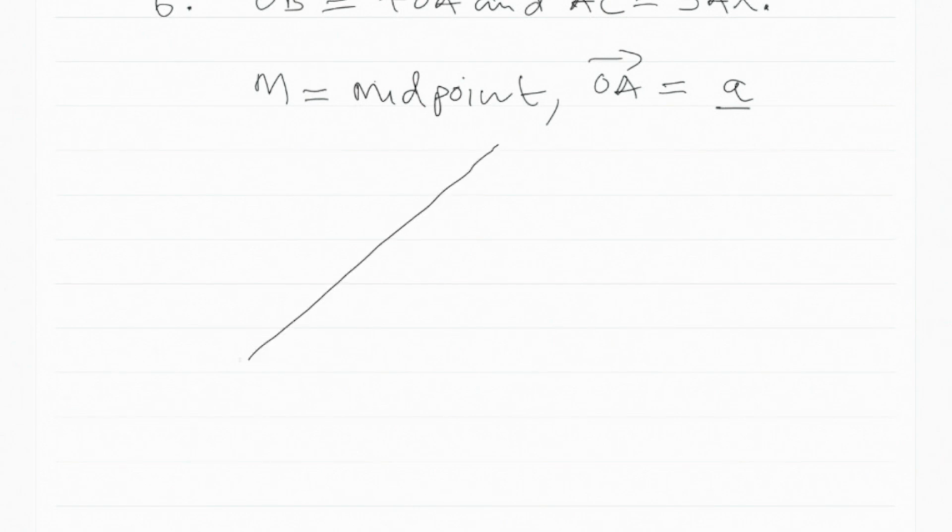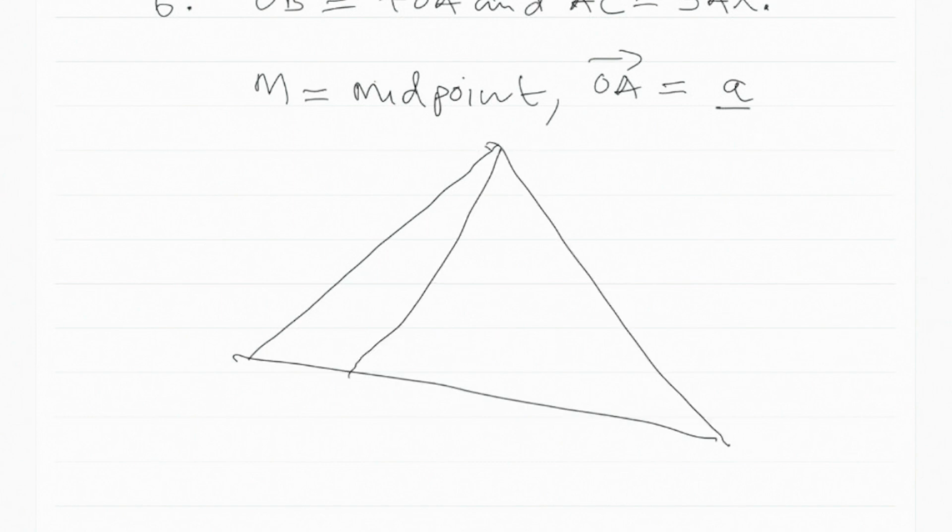We have it this way, and that way, and then we have this, and this is our midpoint. This is B, this is C, this is our O, this is our A, and this is our X. The intersection of this point is our X. And we've been given OA is the vector A, and BM or MB is denoted by B.